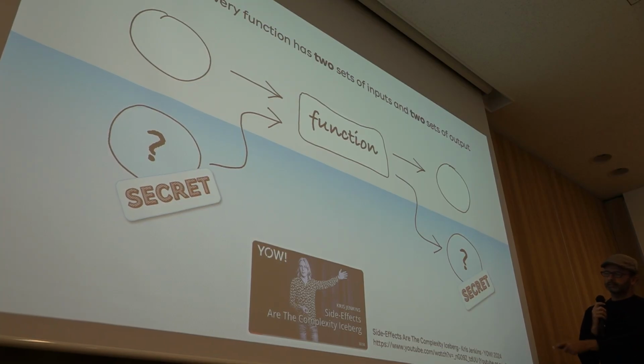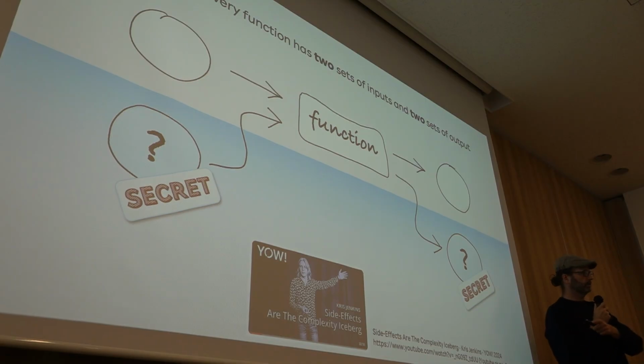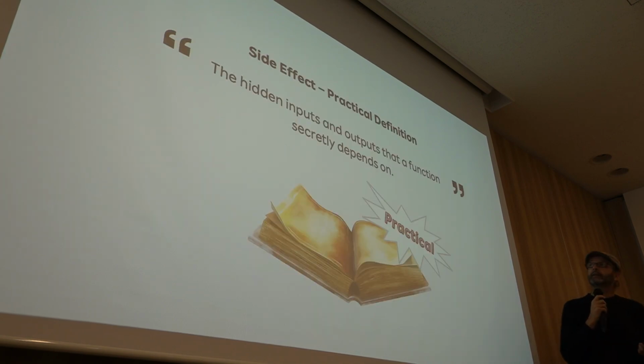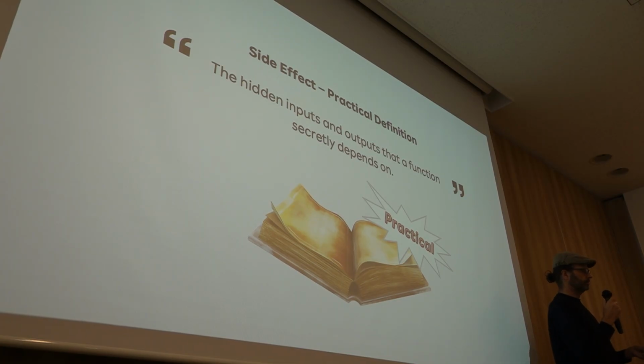This concept comes directly from a talk by Chris Jenkins. If you want to learn more, he explained this much better than me. Those extra inputs are secret. So the way we can define side effects is the hidden inputs and outputs that a function secretly depends on.